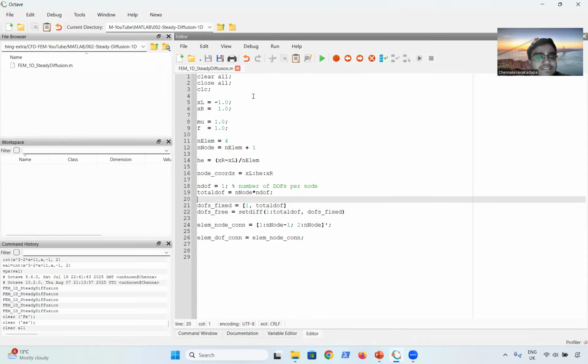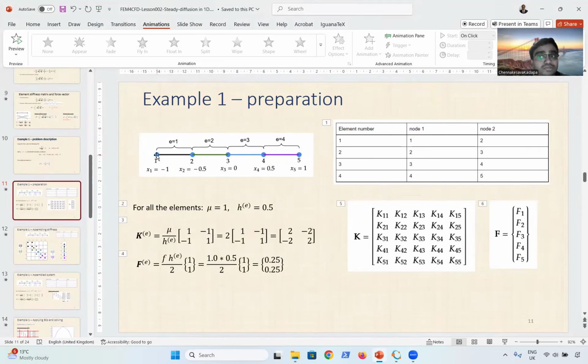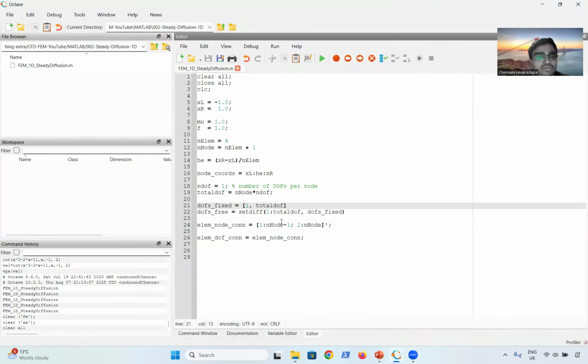And this is an array which is useful. In this array, I have 1 and total DOF. In our problem, we know the values at node 1 and node 5, that is 1 and total DOF, are the fixed DOF.